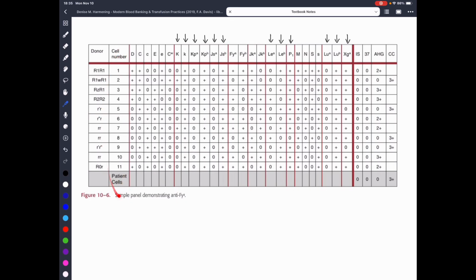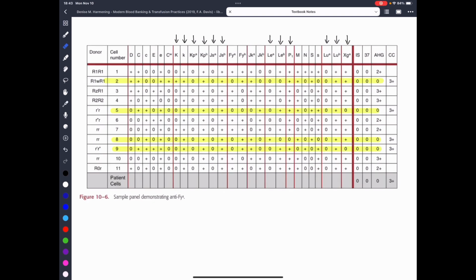These are the 11 reagent cells, and you may also hear them called donor cells because these reagents are made from people who donate their red blood cells. And so you may be wondering why I have these arrows drawn here. This is because some of these antigens in the panel show, quote-unquote, dosage, and some of them do not.